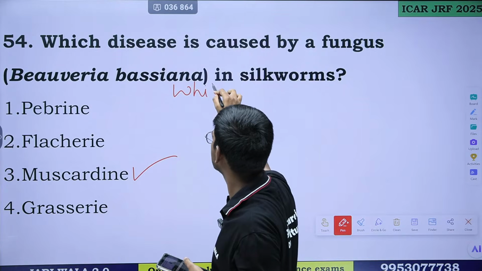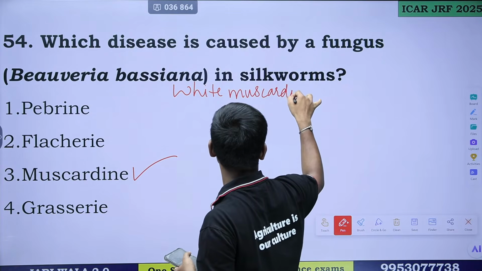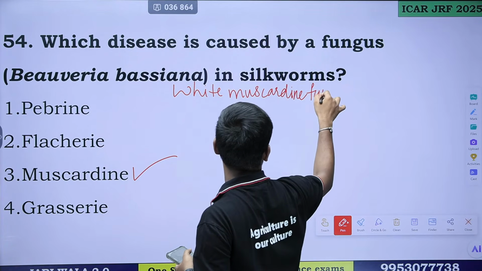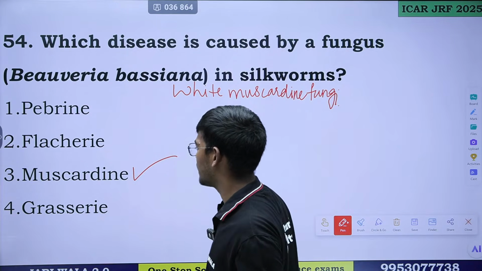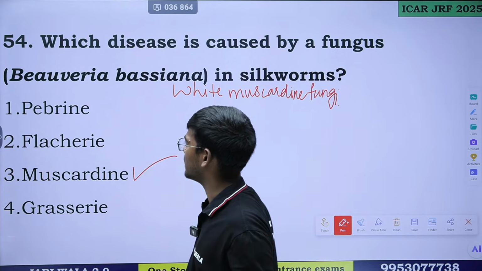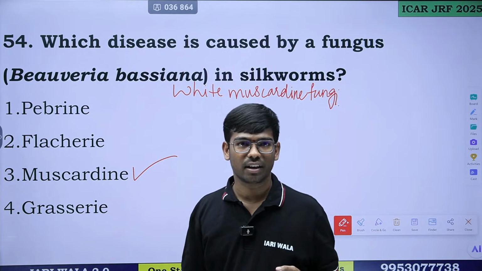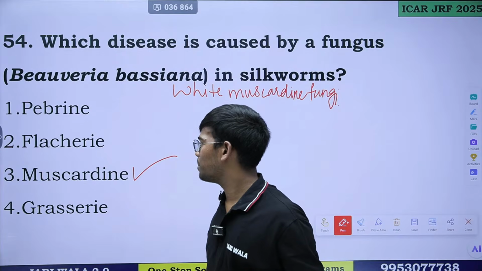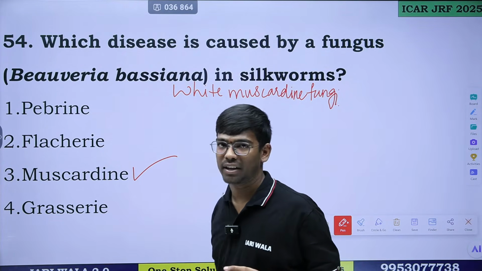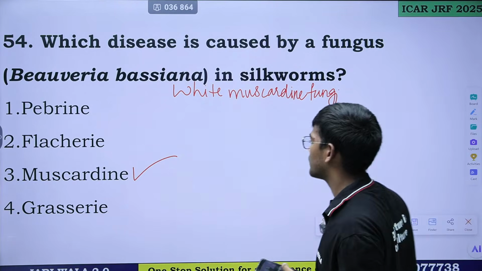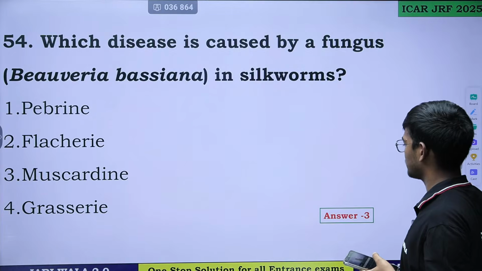The rest, pebrine, flacherie and grasserie, we have discussed already. Grasserie is caused by NPV, pebrine is from a protozoa, and flacherie is from bacteria. So here it is muscardine disease.